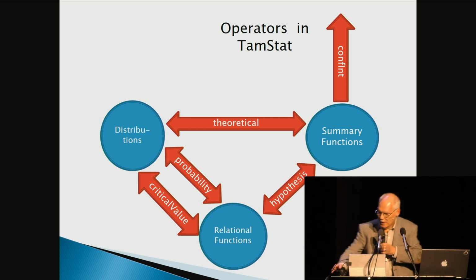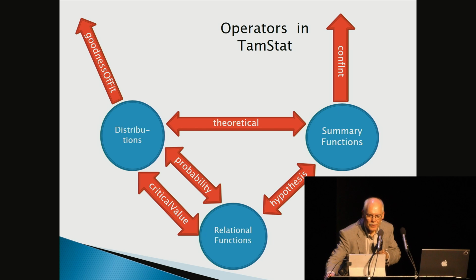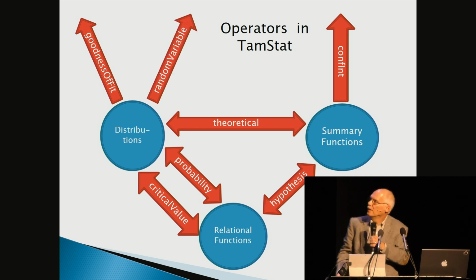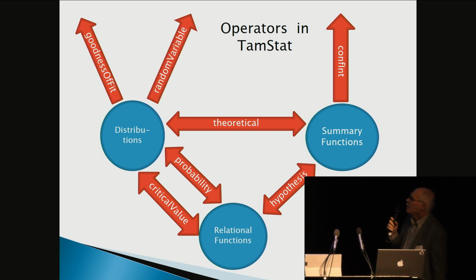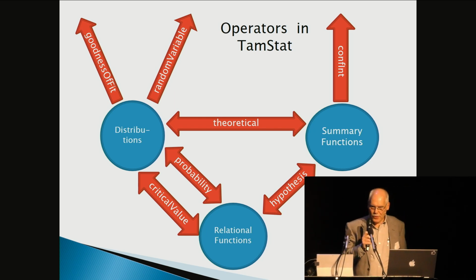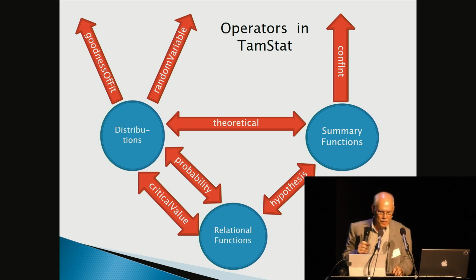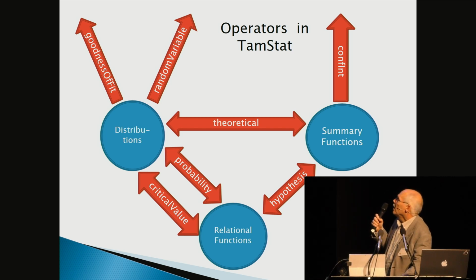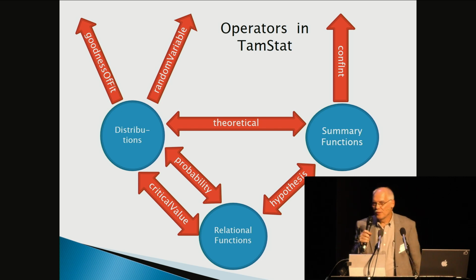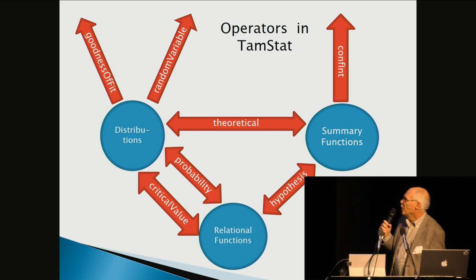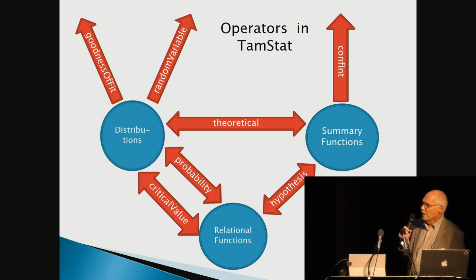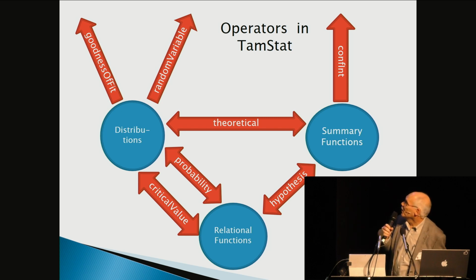So for example, if we wanted to talk about a distribution, we have the distribution, and then we would have a relational function, and we could calculate from that a probability, or we could calculate the inverse, which is a critical value.